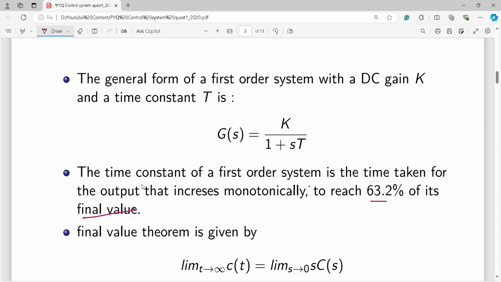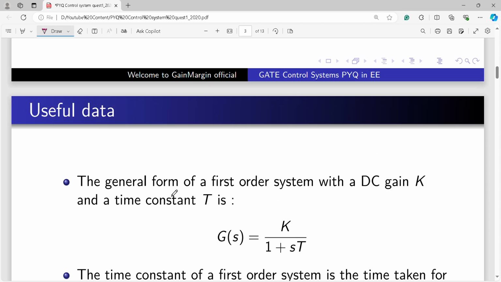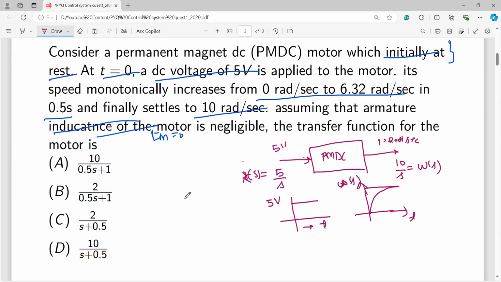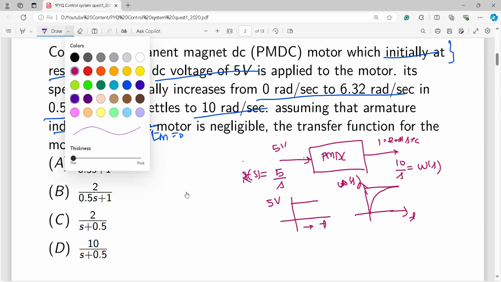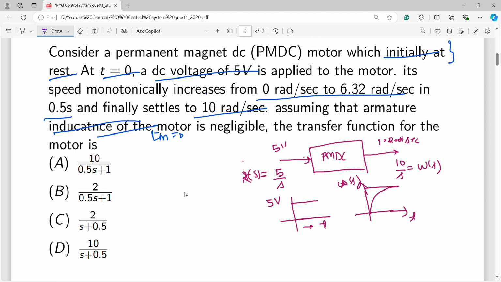Then it is called the time constant. So in our given question, they also gave one more detail: in 0.5 second our speed reaches 6.32 radian per second, and finally settles to 10.